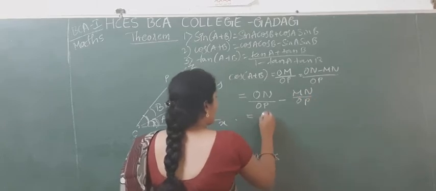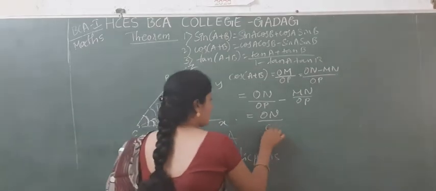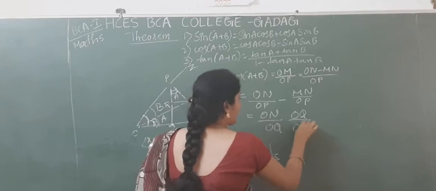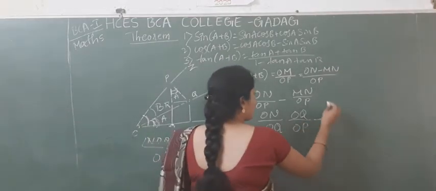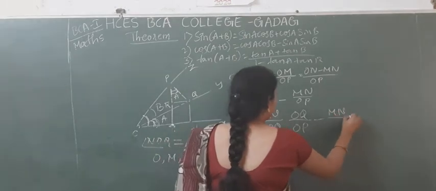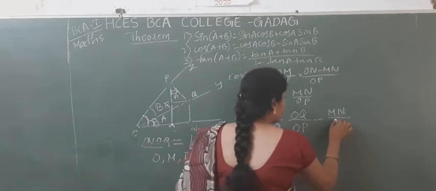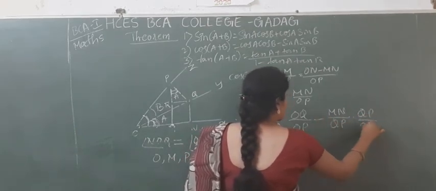Now ON divided by OP, I will write it as OQ into OQ divided by OP, again multiplying and dividing by OQ, minus MN divided by QP into QP divided by OP.